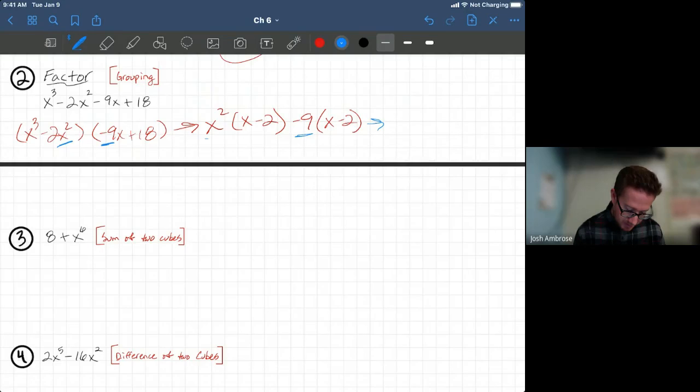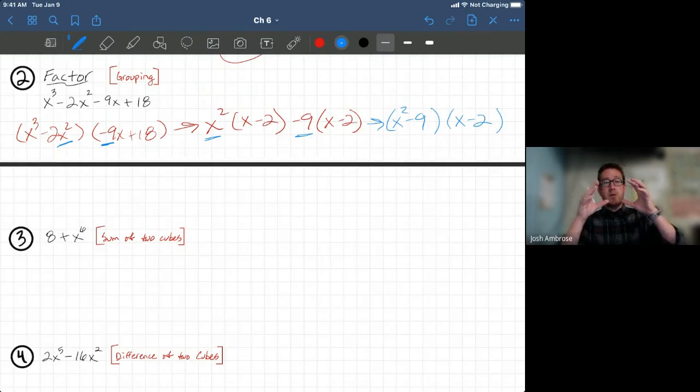These guys will now make their own binomial. X squared minus 9, and then the x minus 2 is still there. All right. When you have identical terms, x minus 2, one is dropping out, leaving another one left over.